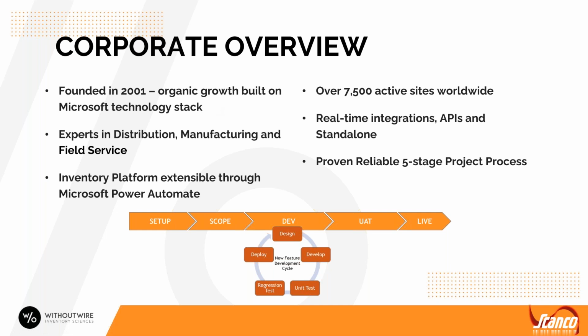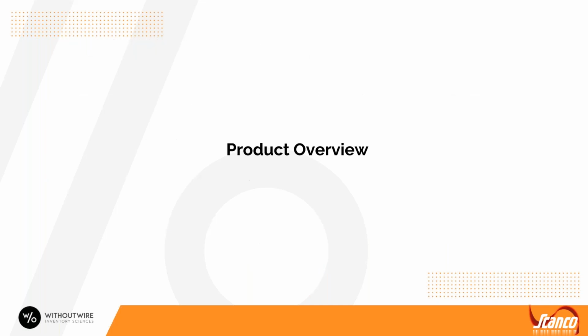We have a robust solution for distribution and other verticals, but our platform today will really be focused on the Sage 100 options and opportunities. We have over 7,500 active sites around the world, and we've come to a very proven, reliable 5-stage project process to get you to go live.